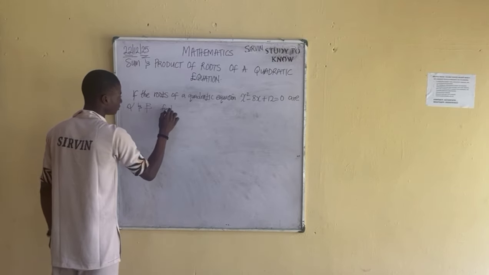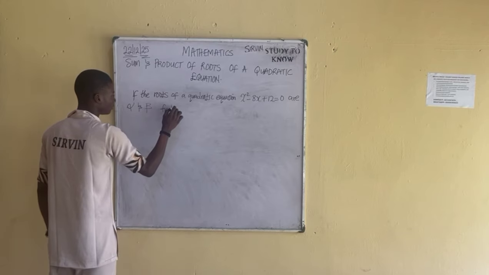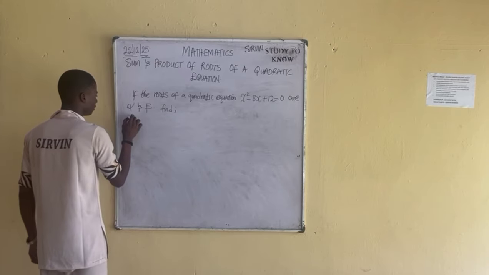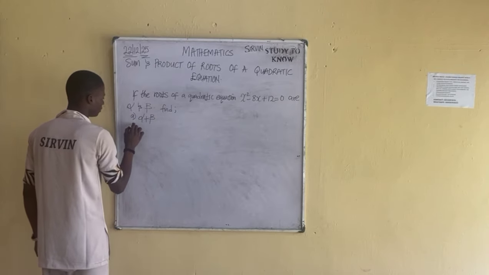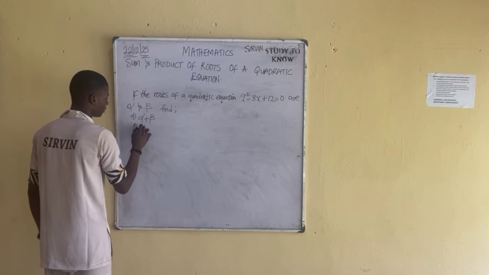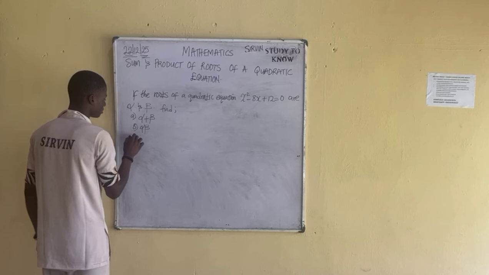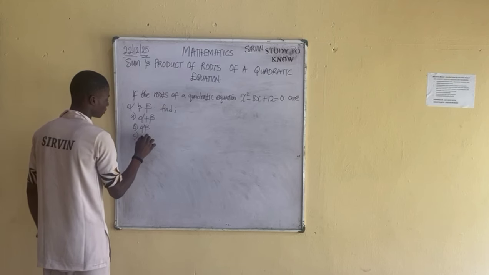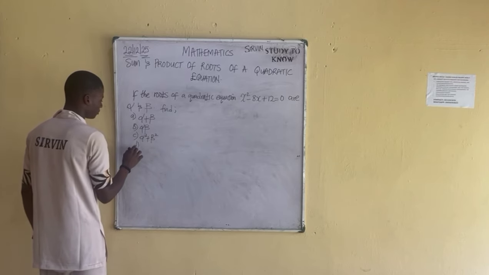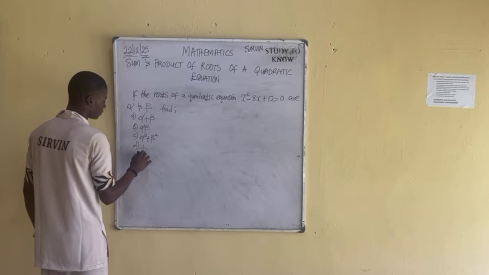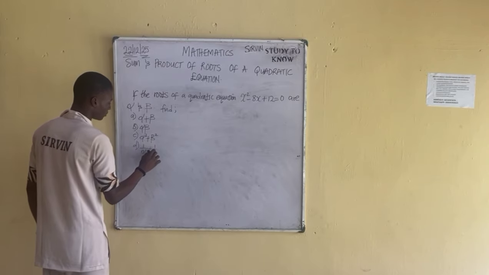Find A, alpha plus beta, B, alpha beta, C, alpha squared plus beta squared, and D, 1 over alpha plus 1 over beta.